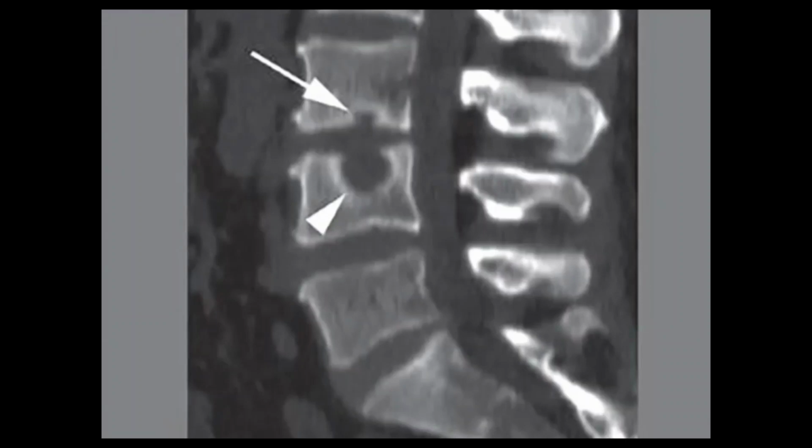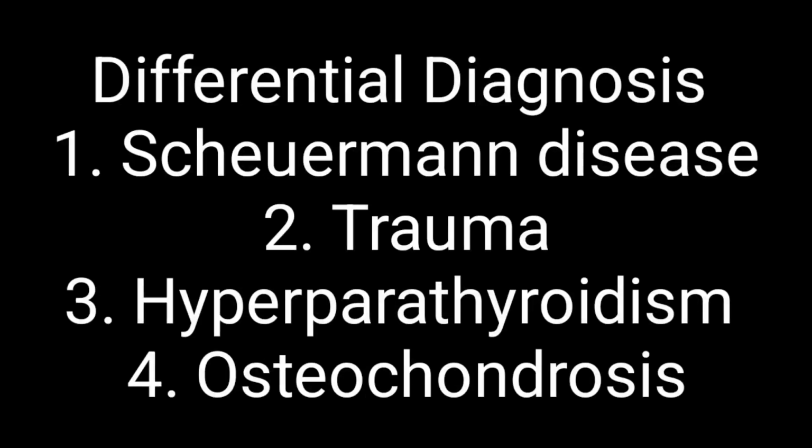Where the end plates become weakened, intraosseous herniation of the nucleus pulposus takes place. As far as causes are concerned, they include Scheuermann disease, and they may be caused by trauma. Sometimes in hyperparathyroidism these nodes can also be seen, and especially in osteochondrosis there will be presence of Schmorl's nodes on the X-ray images.